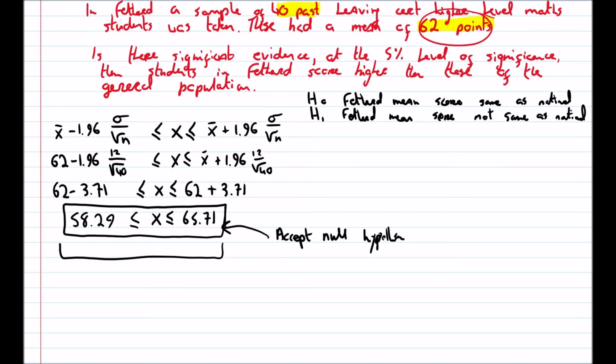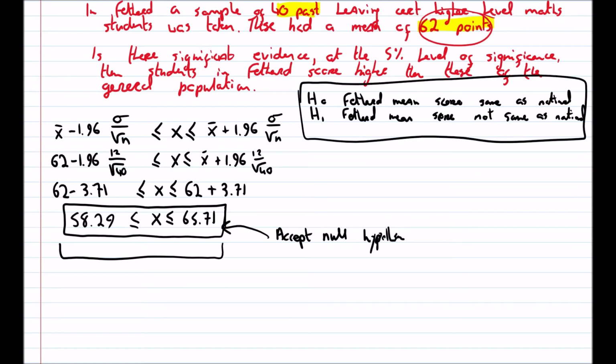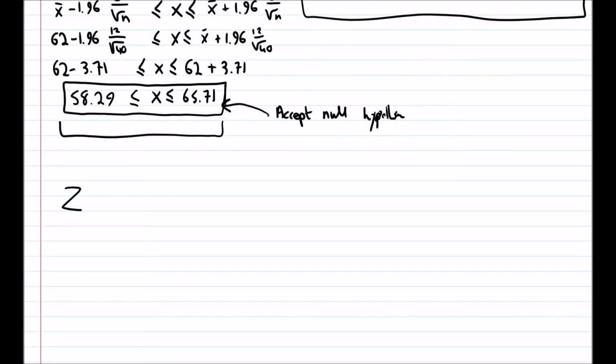The second way is via z-scores. Again, we should write up our two hypotheses, and we use our z-score then, so z equals something over, again, our standard error of the mean. We can find out what this is.